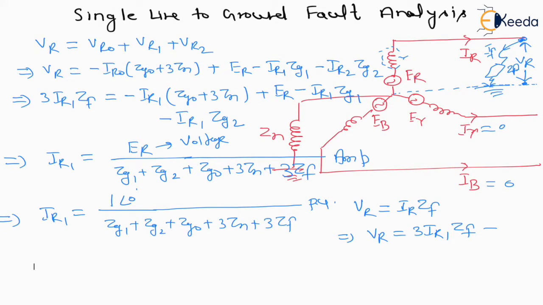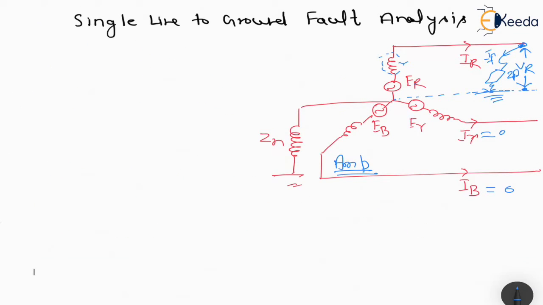If you have to find out the value of IR1 in ampere, then you should apply this formula, or if you have to find out the value in per unit, you can apply this formula. So we can see the value of fault current is equal to 3 times IR1, that is equal to IR.